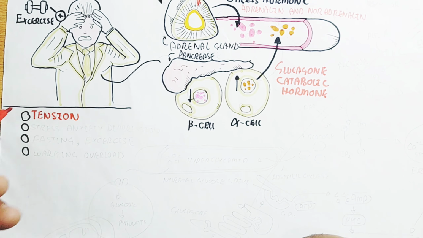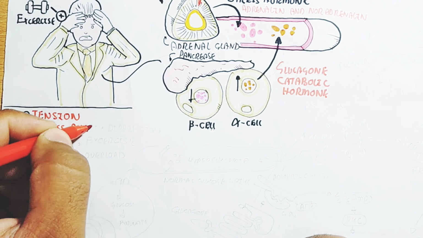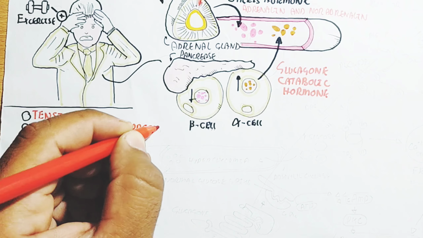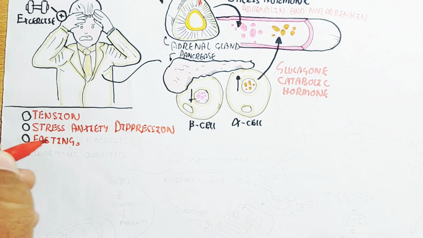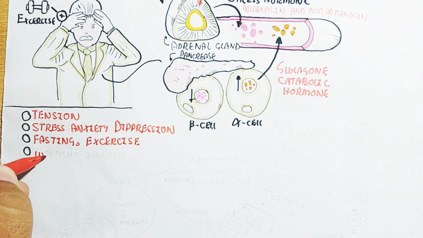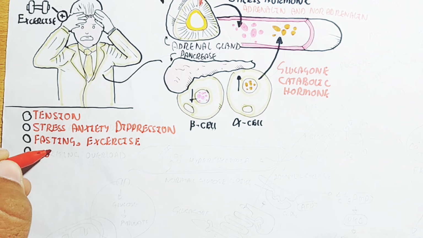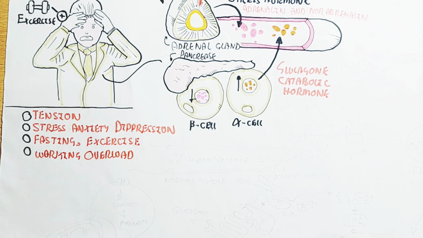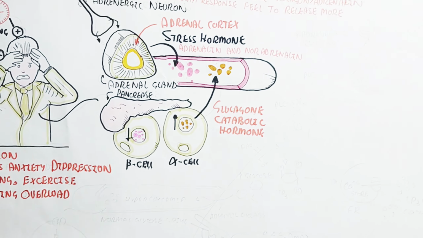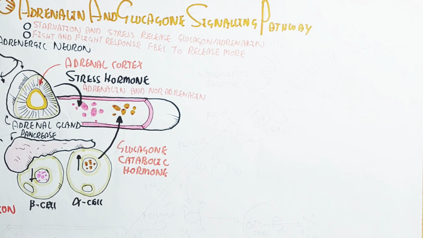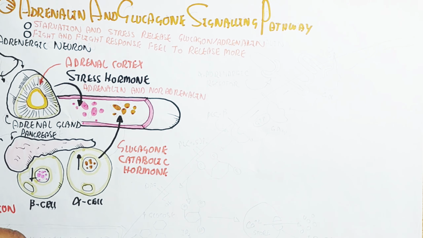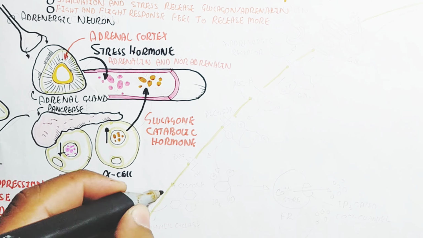We will not go into the cortisol hormone. Anyhow, tension, stress, anxiety and depression, fasting, exercise and overworking release extra glucose into the blood. This is not diabetic, but more release due to starvation and exercise.